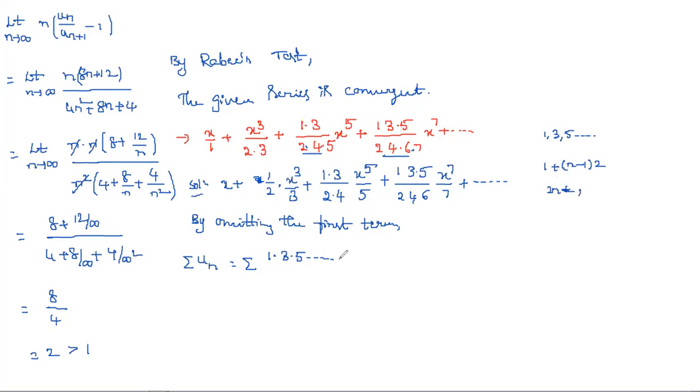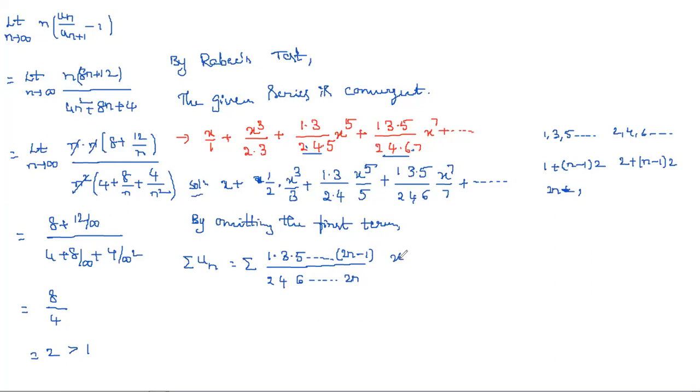So we can write 2n minus 1 by, here we have 2, 4, 6 and so on. This is 2 plus n minus 1 into the difference 2. So we get 2n.